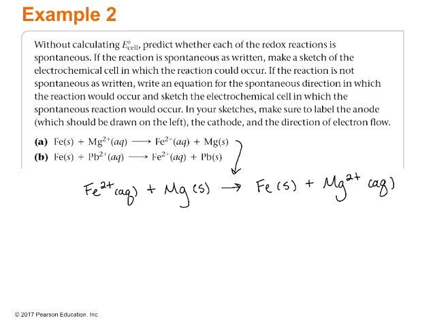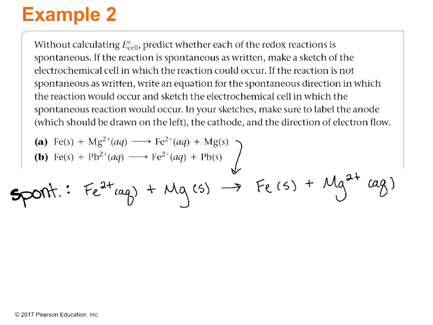So that is our spontaneous process. You can also use these half reaction potentials to determine whether this is spontaneous or non-spontaneous, and then you can also figure out the flow of electrons from there.